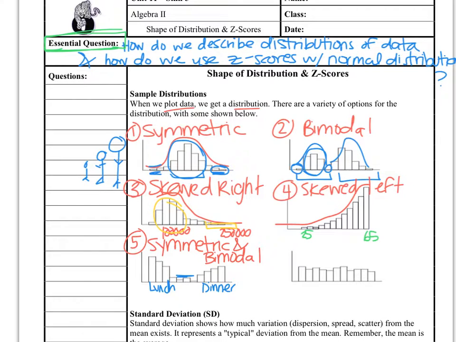Number 6, last one. This one is called uniform. It's called uniform because it's pretty much all the same, right? Something like this might be like serial numbers, not cereal that you eat, but serial like this. Numbers on randomly selected dollar bills, right?